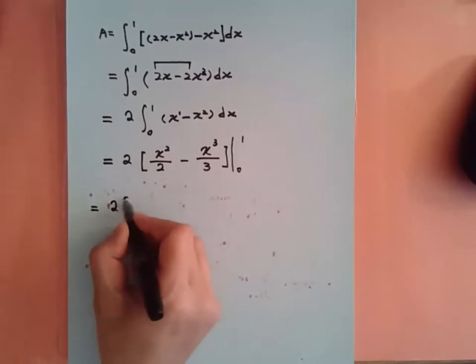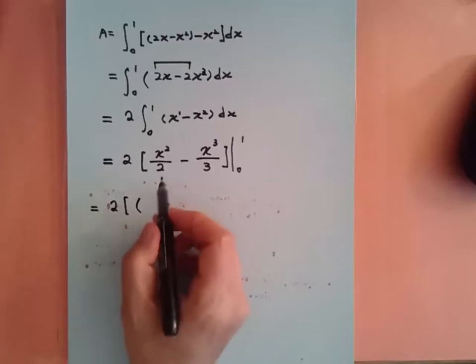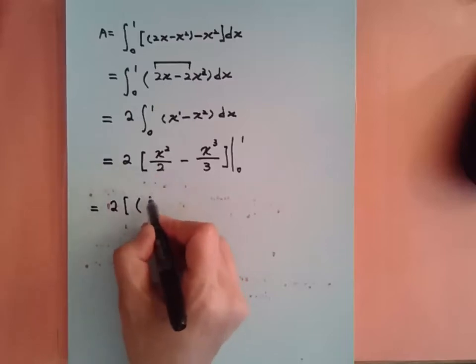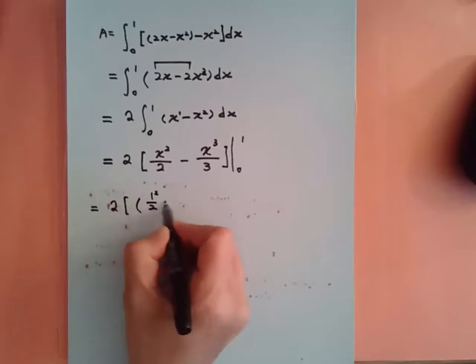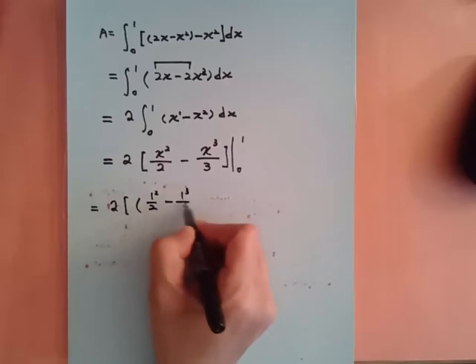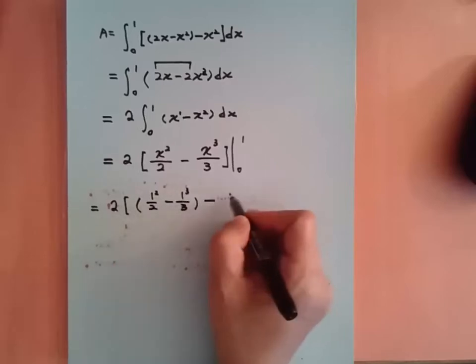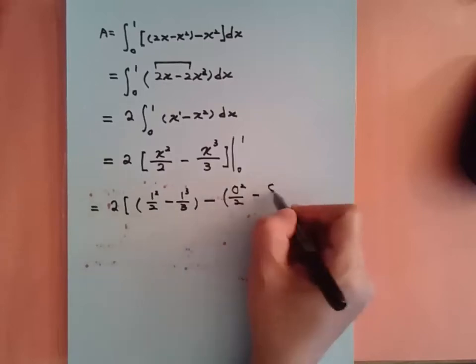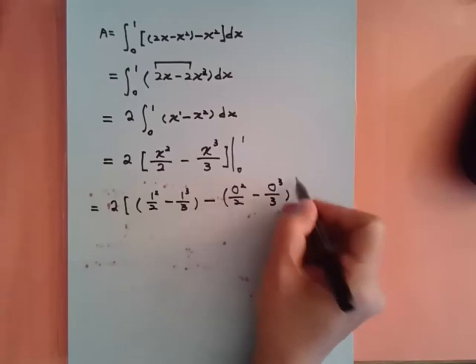So 2 times, x is 1, so 1 squared over 2 minus 1 cubed over 3, minus, open parenthesis, 0 squared over 2 minus 0 cubed over 3.